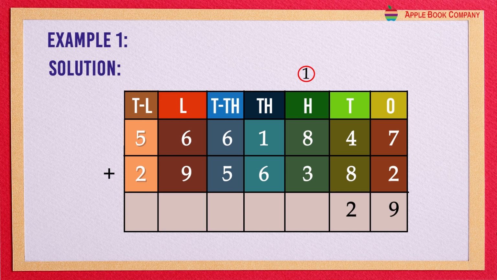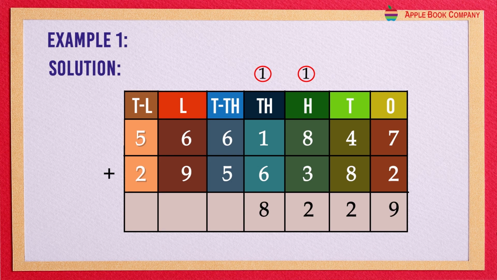Adding hundreds. 8 plus 3 plus 1, which has been carried, is equal to 12 hundreds, which is equal to 1000 carried plus 2 hundreds. Now adding thousands. 6 plus 1 plus 1 carried is equal to 8,000s.